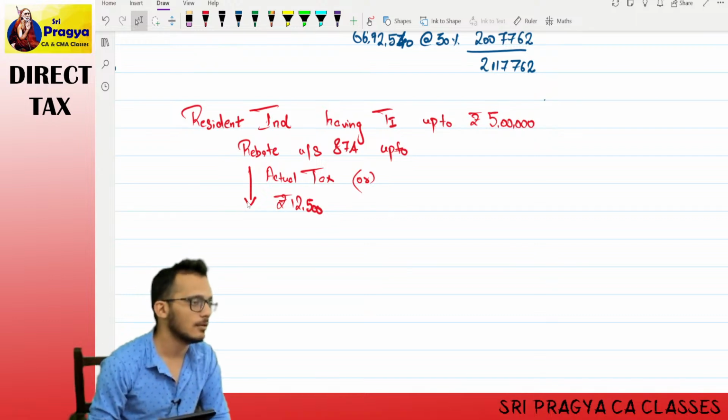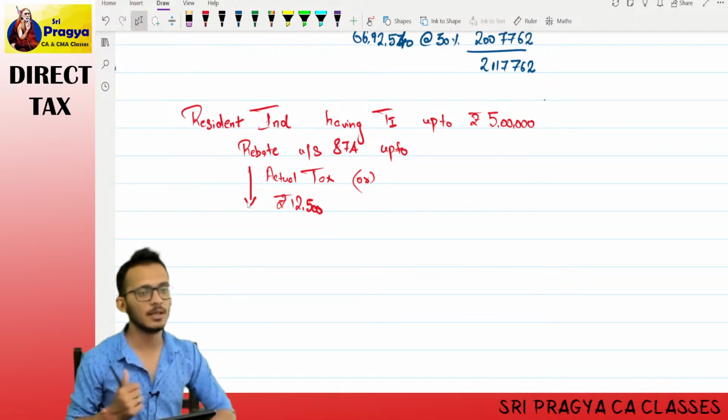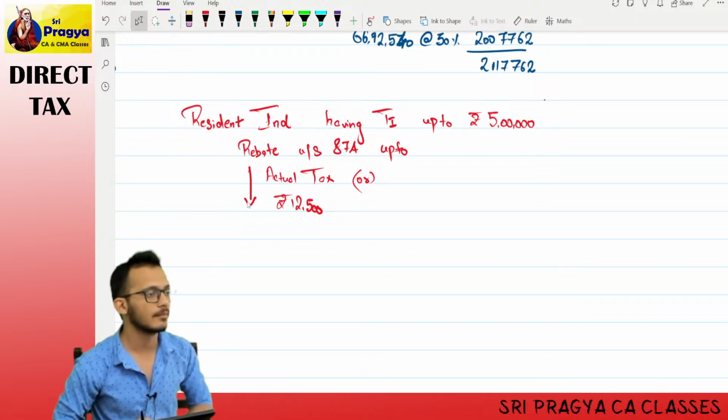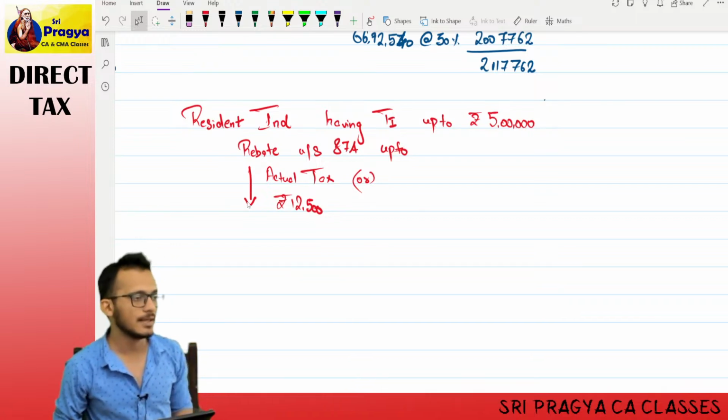It is whichever is lower, meaning whatever tax payable you have versus 12,500, whichever is lower, you will get as rebate.